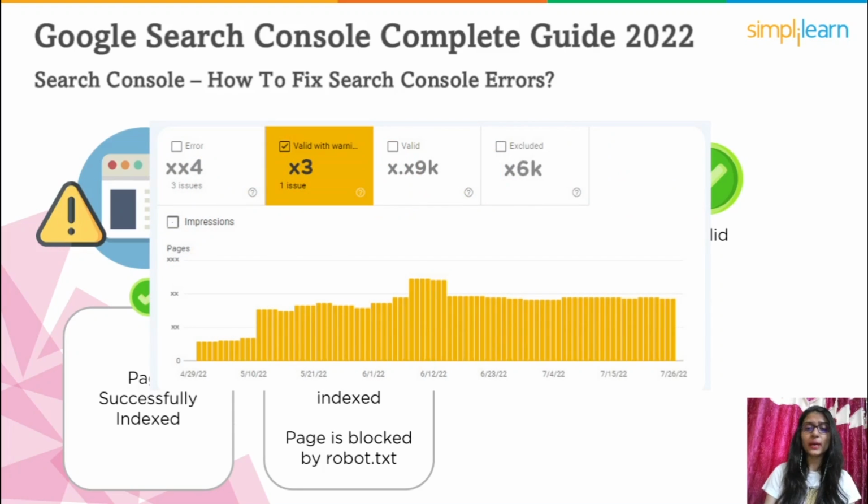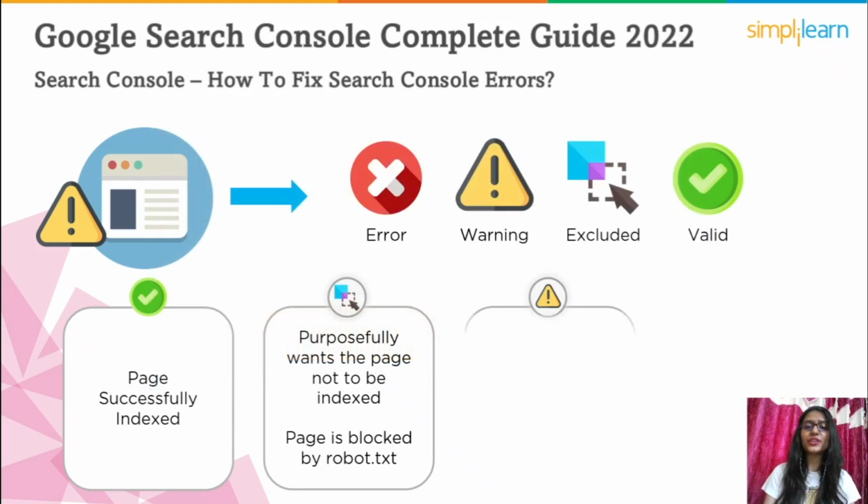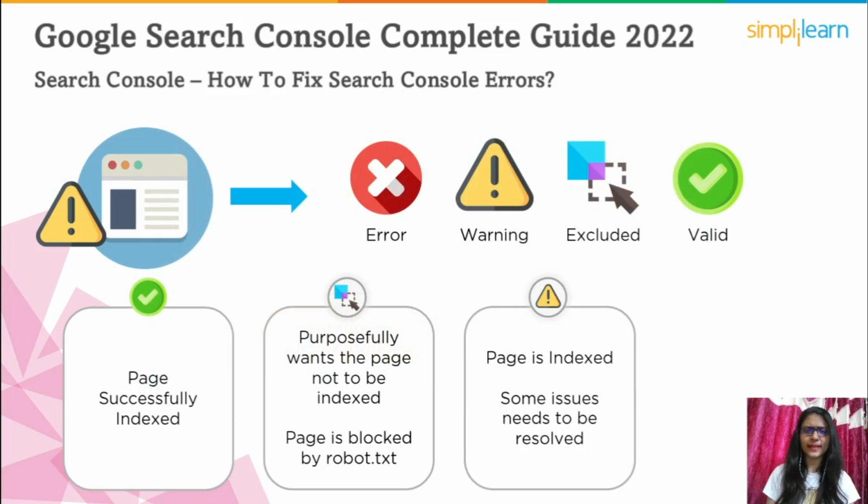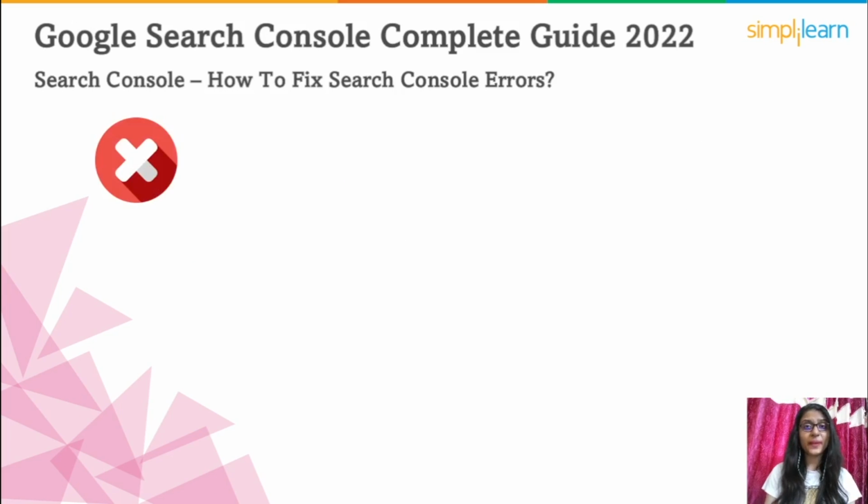Warnings majorly appear when the page of your website is indexed, but there are some issues with the page which need your attention and have to be resolved as soon as possible. If the page's status is error, then there is a need to pay detailed attention to the issues in the page, as these issues prevent the page from getting indexed.